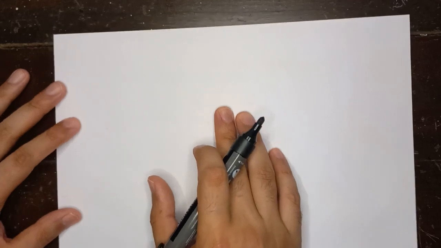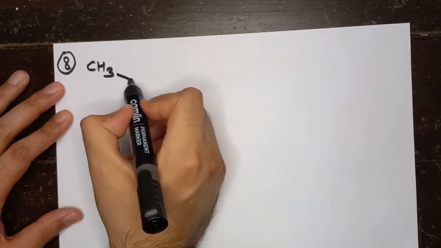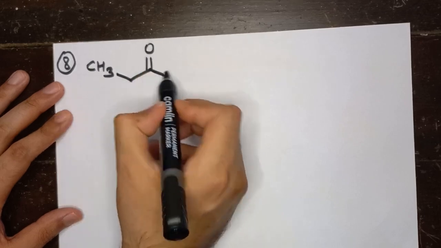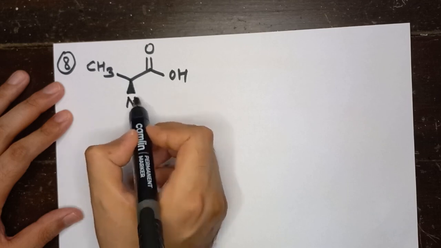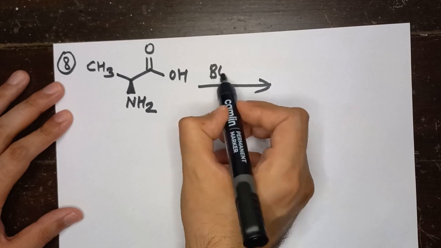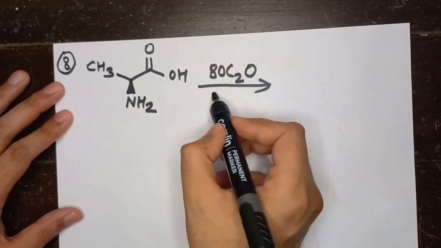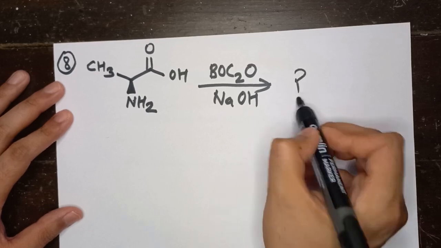Okay, now the eighth reaction. They are using Boc anhydride and sodium hydroxide. So what is the product?